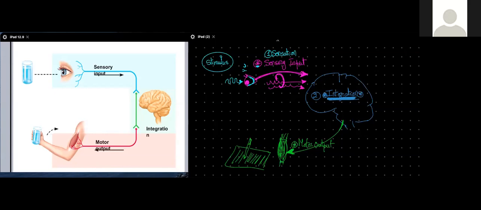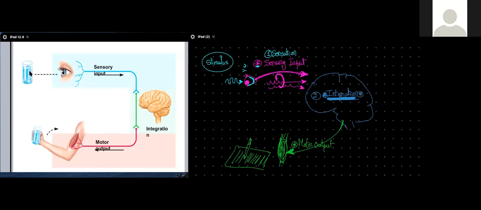In this example, I've seen a glass of water. This is sensory input, visual input. I know that I want to drink. So I integrate what I see, which is a cup of water, with what I feel, for example. This is called the neural integration.